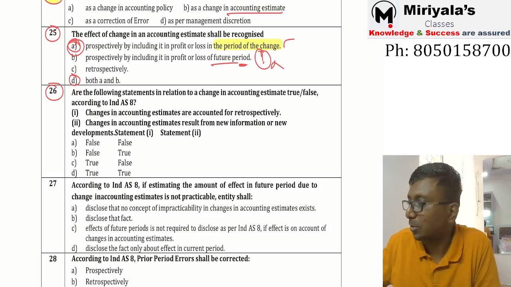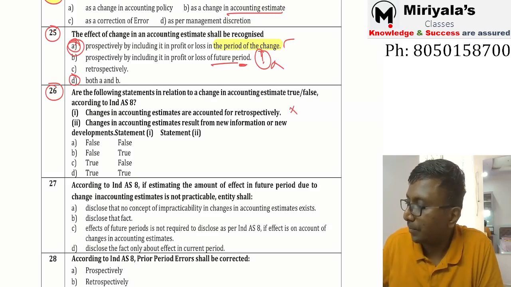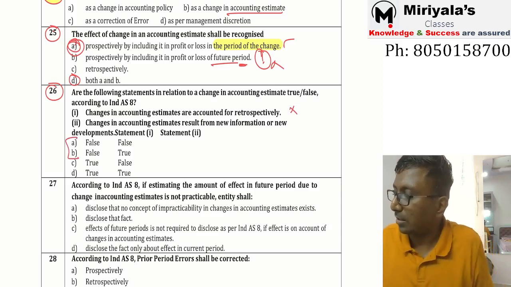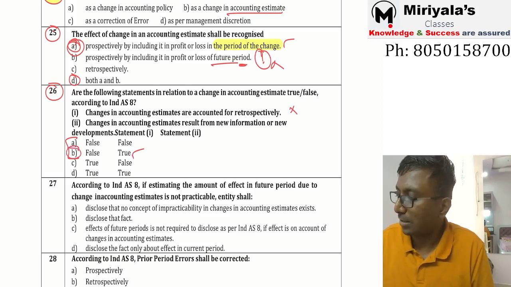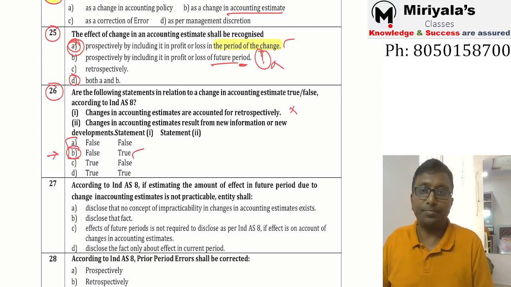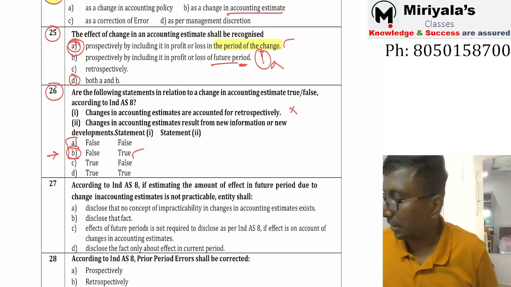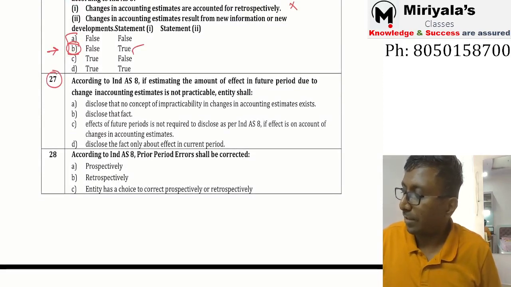Estimations are always prospective. So this is false. Only these two are there, so out of these two, any one will be correct. Now, change in accounting estimations result from new information or new developments. Yes, that is true. So the correct answer is going to be B. Exactly. Right.